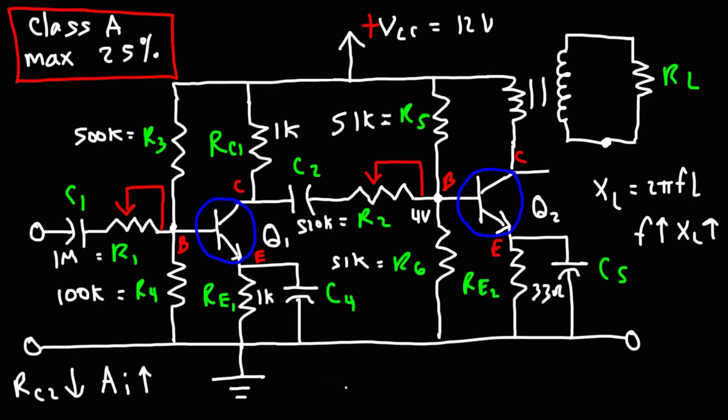Now, the second thing is impedance. For AC signals, the impedance is high. So an increase in XL has the effect of increasing the voltage gain of the circuit, particularly for signals that have high frequencies. Low frequency signals, the ones that have a high bass, are going to have a lower voltage gain because XL is lower for those signals.